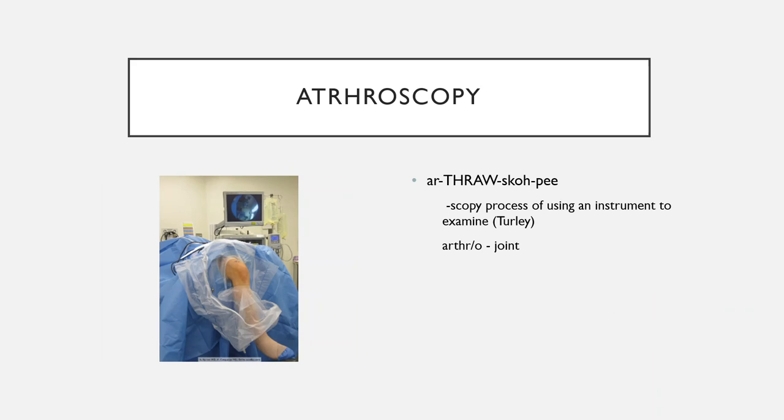In the picture, it's showing a knee, which is a common place to have an arthroscopic surgery. And they're able to make a small slit, stick a scope in, and use cameras and complete a surgery being minimally invasive. So arthroscopy is a minimally invasive surgery.